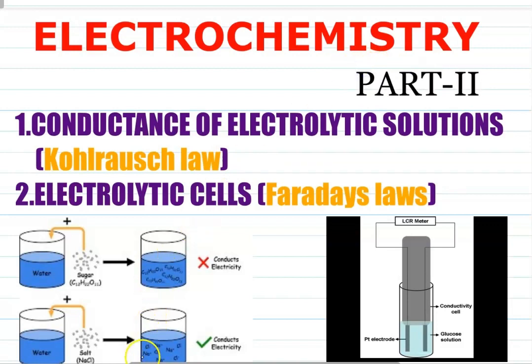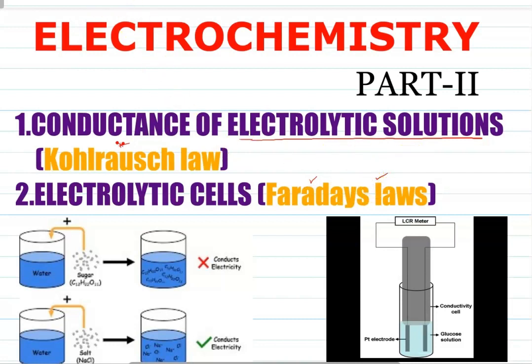Here we will be discussing the conductance of electrolytic solutions using Kohlrausch's law, which is very important. Then, again, electrolytic cells: we are going to discuss the laws of electrolysis, that is called Faraday's law.